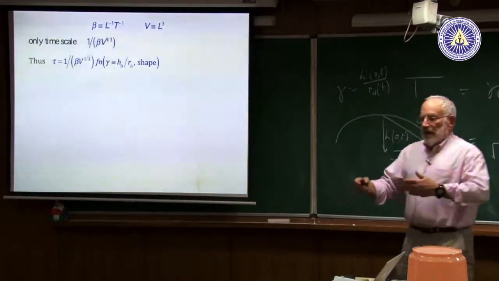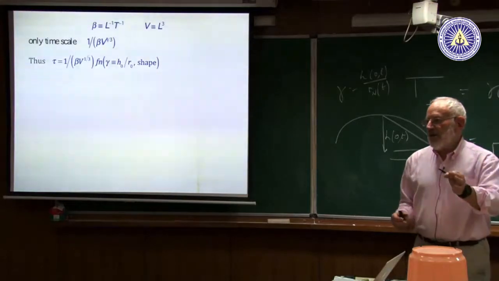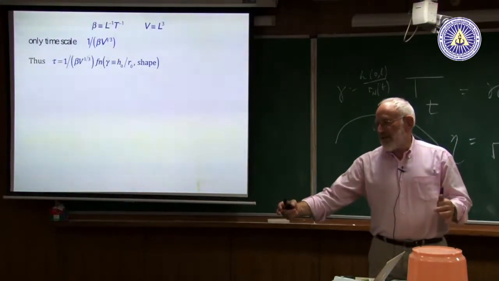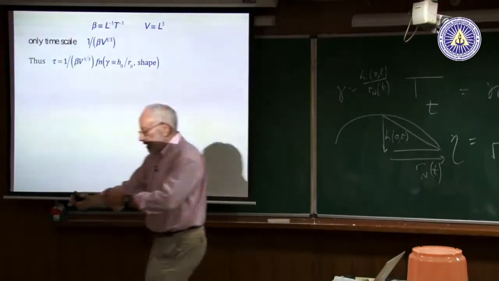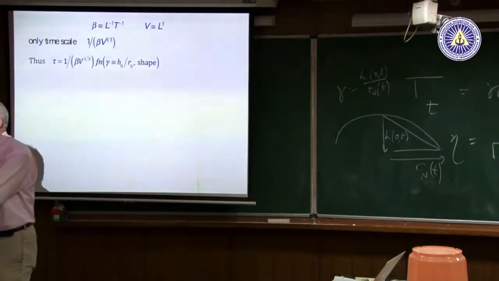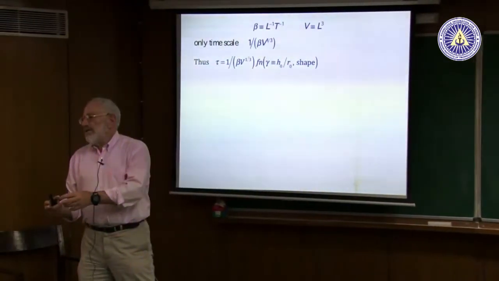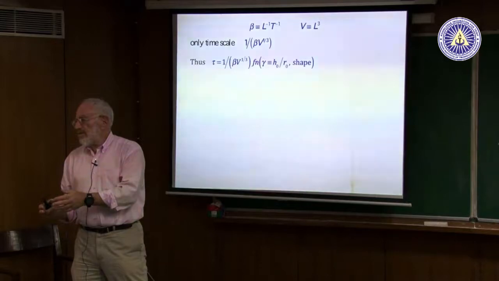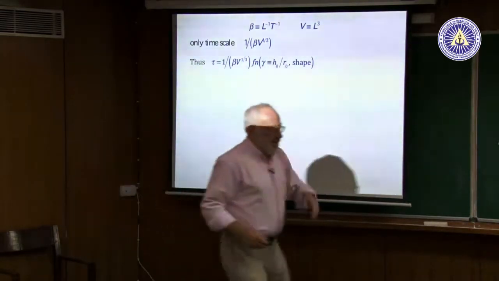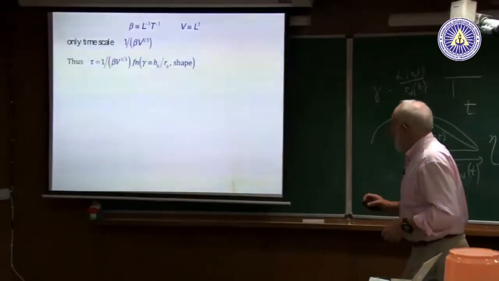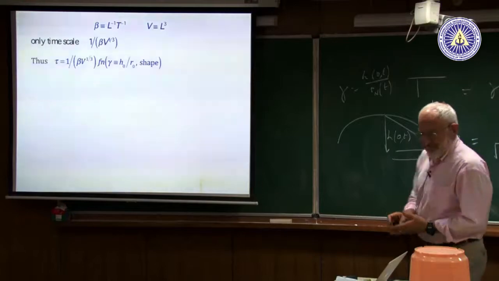Clearly, initially, the similarity solution starts like a delta function, and so the agreement is lousy with the actual solution. With time, you hope the two will be the same, so the time to reach 1% is going to be considerably longer than, but how much longer than the time to reach 10% and so on. Okay, so the time scale is going to be of that form.